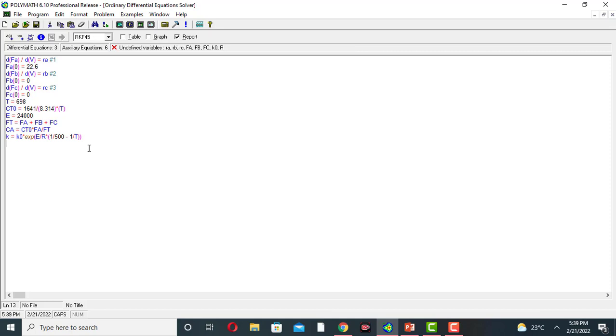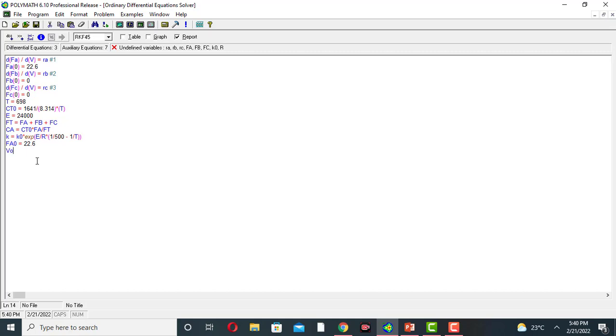Now if a naught value is given to us, this one, 22.6, the V naught value is given to us.